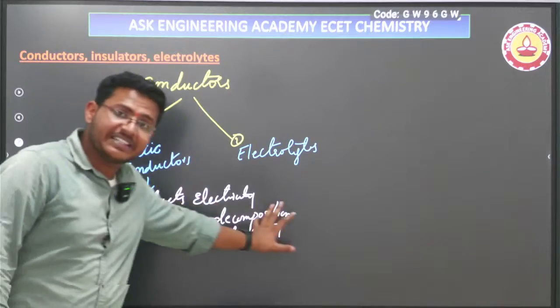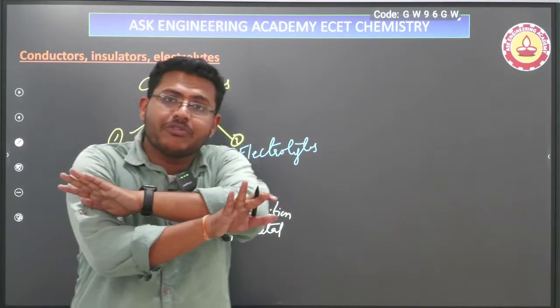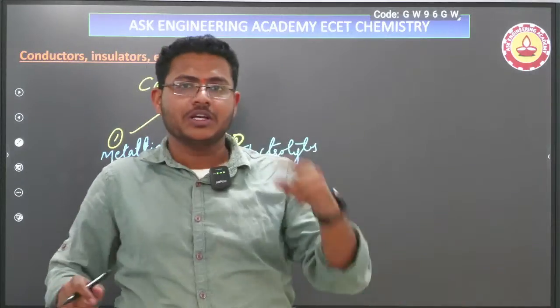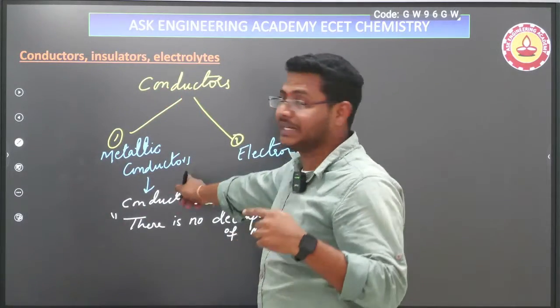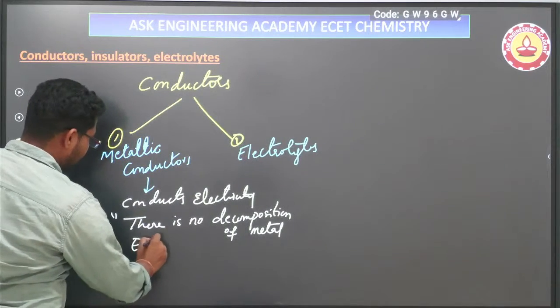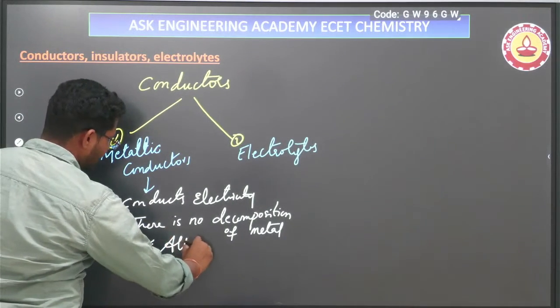It conducts electricity, but there is no chance of decomposition of metallic surfaces. The metals cannot be decomposed. That's why these are called metallic conductors. Generally, the best examples for metallic conductors are all metals.